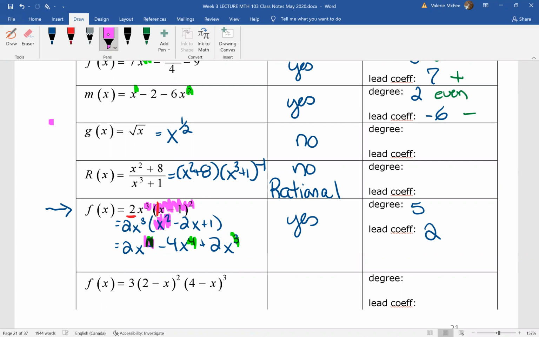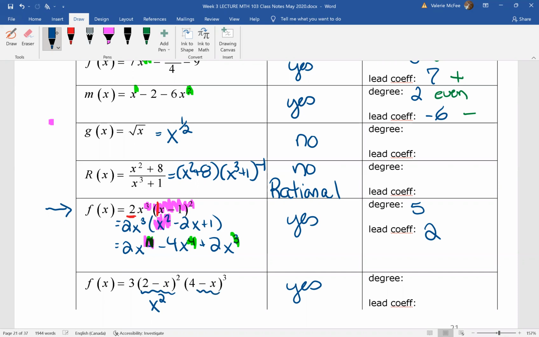So first of all, I see that I have positive integer exponents, so I know this is a polynomial. Can you determine, without opening the brackets, the degree and the leading coefficient? When you open this bracket, I hope you see that you're going to have a positive x squared as the highest power of x in that bracket.